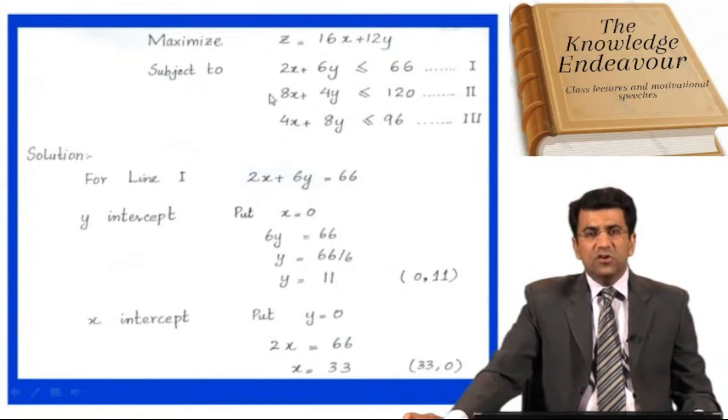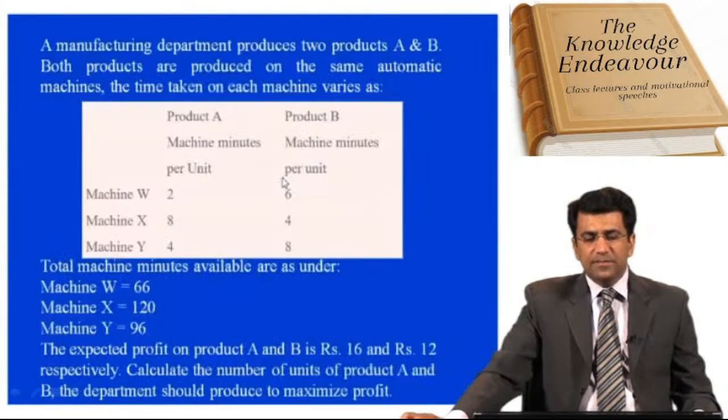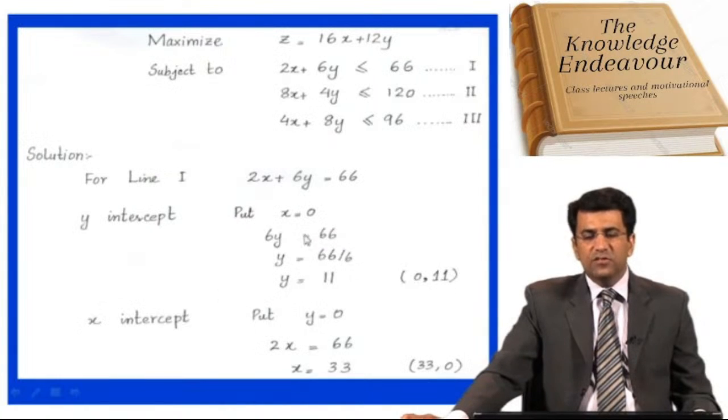Now again, there are 3 constraints in this particular case. One constraint is related to the machine W. Machine W takes 2 minutes for product A and 6 minutes for product B, and the total machine minutes available for machine W is 66. So again, one of our inequalities will be 2x plus 6y less than or equal to 66.